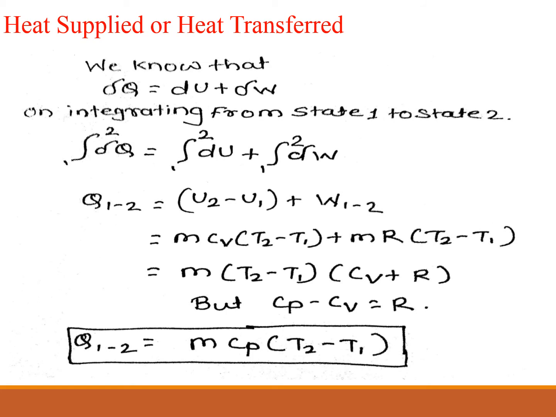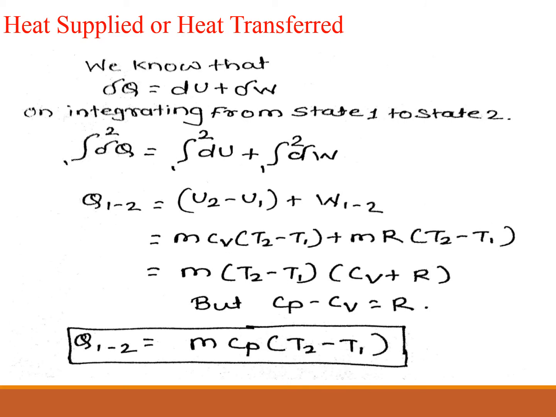So we get Q is equal to m Cv (T2 minus T1) plus mR (T2 minus T1). m (T2 minus T1) is common, so we get m (T2 minus T1) into (Cv plus R).